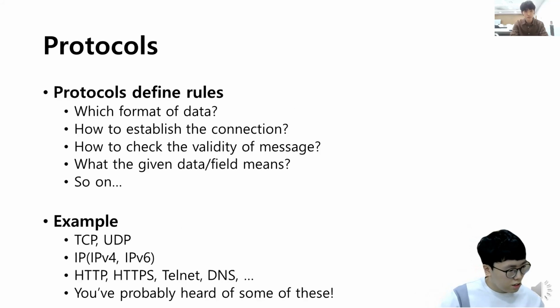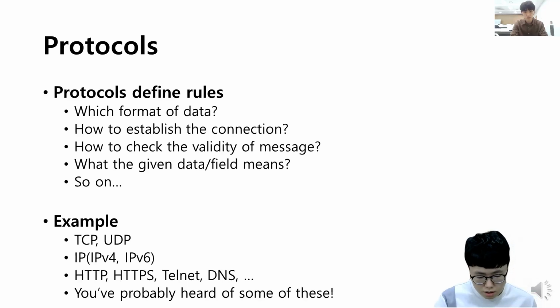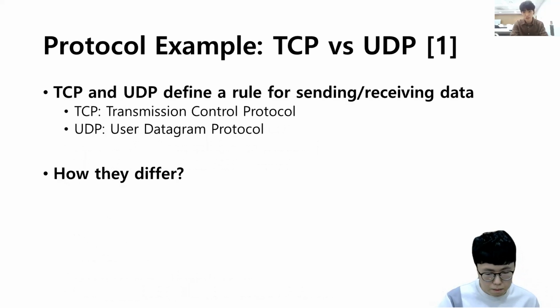So if there's no rule, we cannot communicate exactly. And there are many protocol types like TCP, IP, and UDP. It is just a name of a protocol type. But a protocol must be selected according to the purpose of the devices.